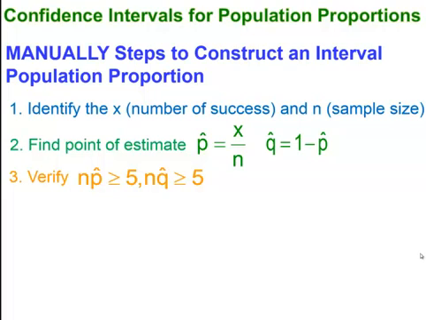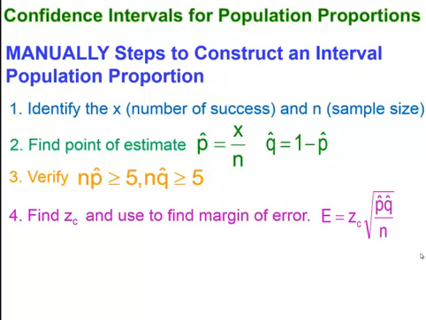You always have to verify that the sample size times the P hat is greater than or equal to 5, and the sample size times your Q hat is greater than or equal to 5. If this condition isn't met, then you would not have a proportion. So it's very important that you double check to make sure that this meets the conditions.